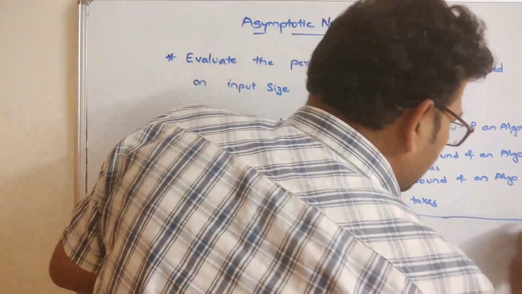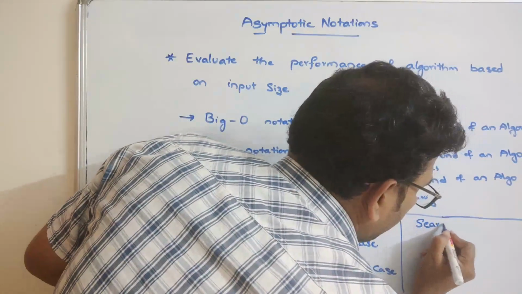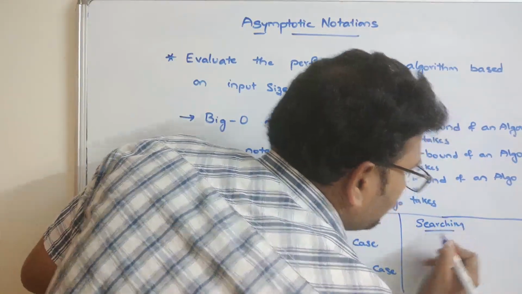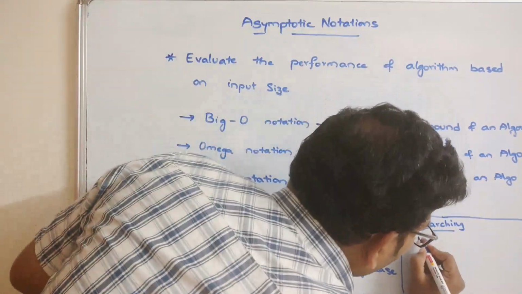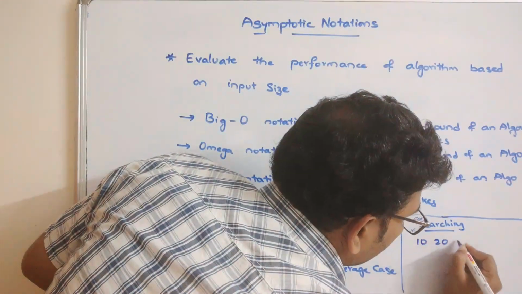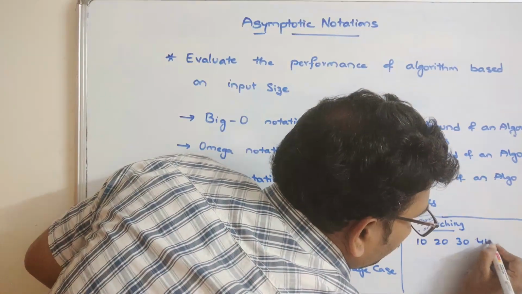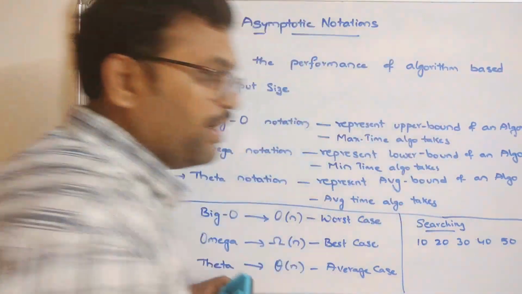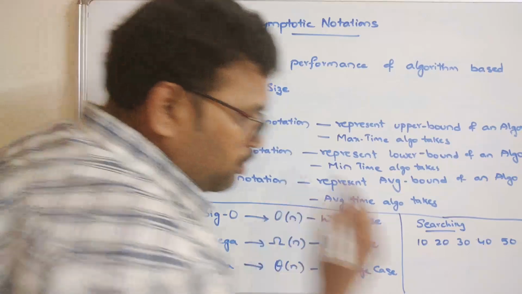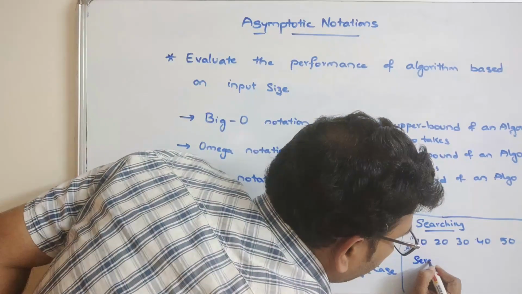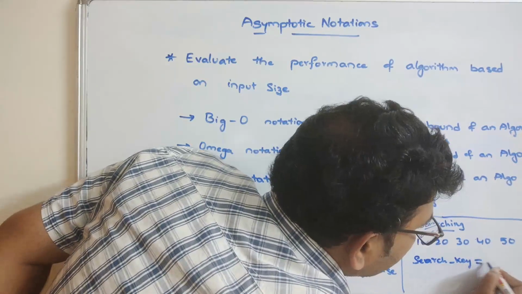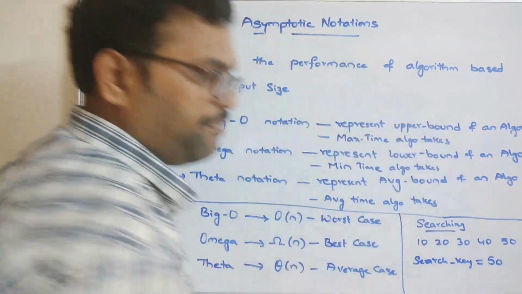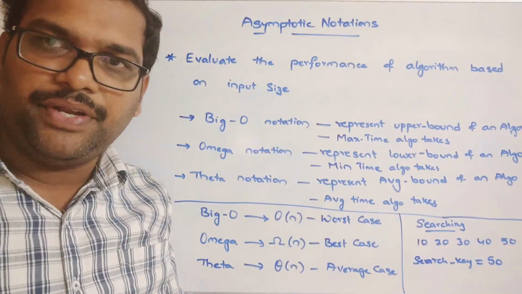For example, consider searching. Suppose we have 5 elements, and the search key is 50.